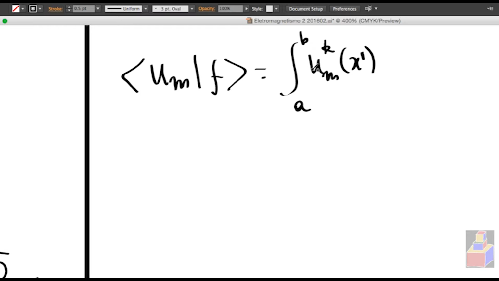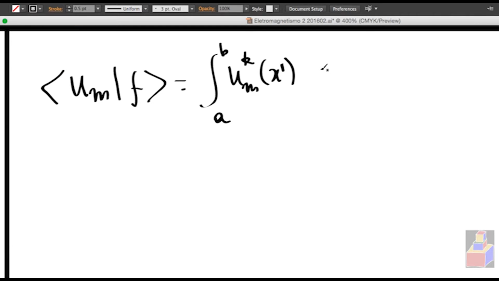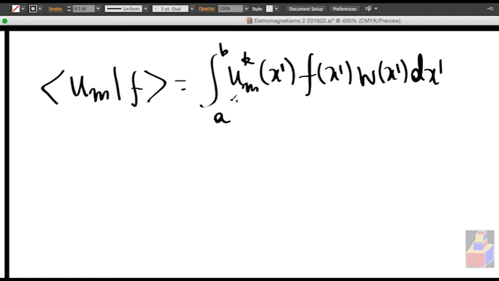Variable, because integral between a and b. f of x prime, weight function of x prime, dx prime. When you finish this process, you have something that depends on a and b only, and doesn't depend on x prime. x prime was swept between a and b, right?